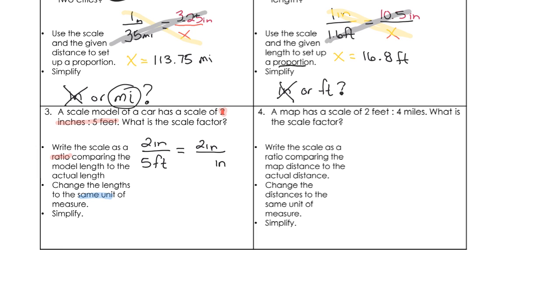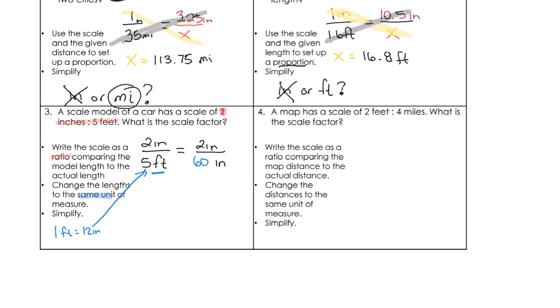So, how many inches are in 5 feet? I know in 1 foot, there's 12 inches. So I do 12 times 5, which will give me 60. Okay, so we know for every 2 inches in the model, there's 60 inches in the actual.